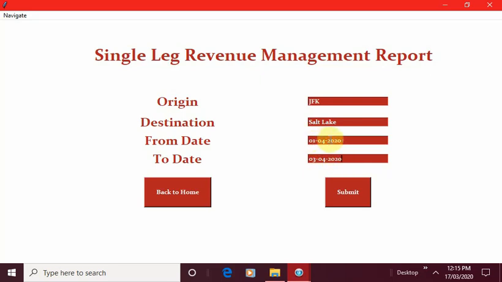Here you can enter from date and to date for 1 week also, for 1 month, for 1 year also, and for each day a report will be generated. So let's submit.